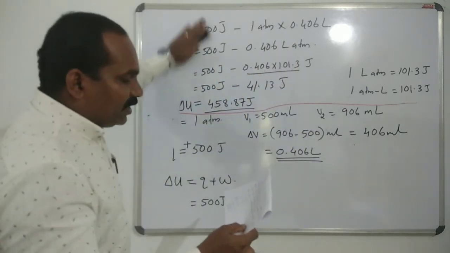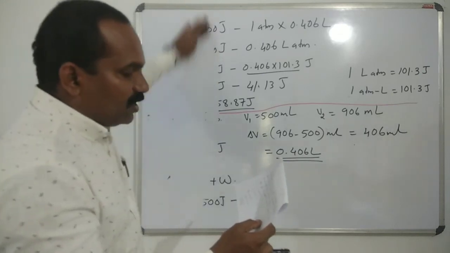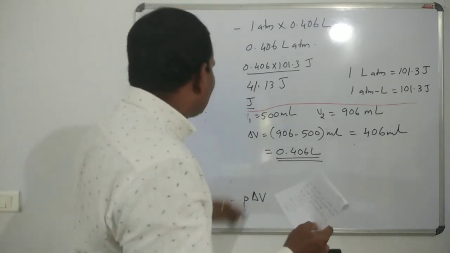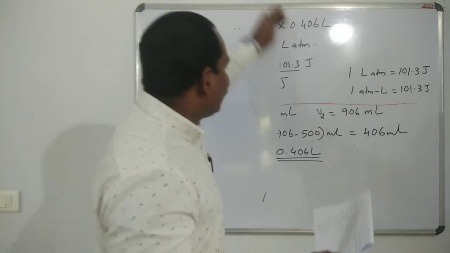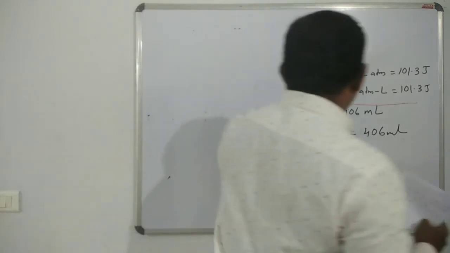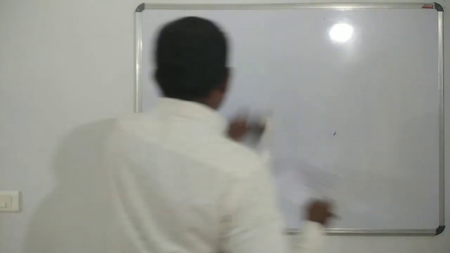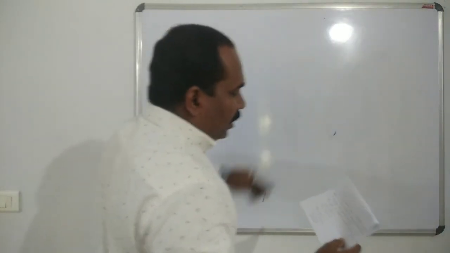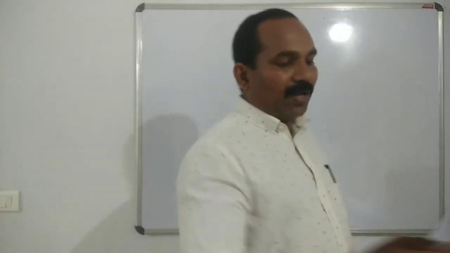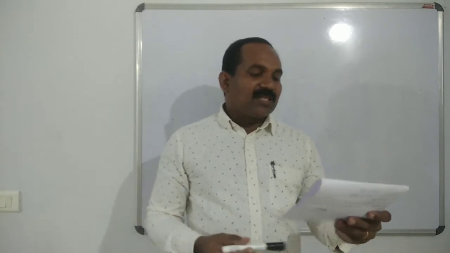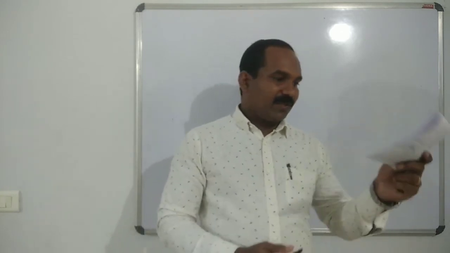Constant volume means ΔV is constant. 627.5 joule of heat was absorbed. Calculate the change in the internal energy.